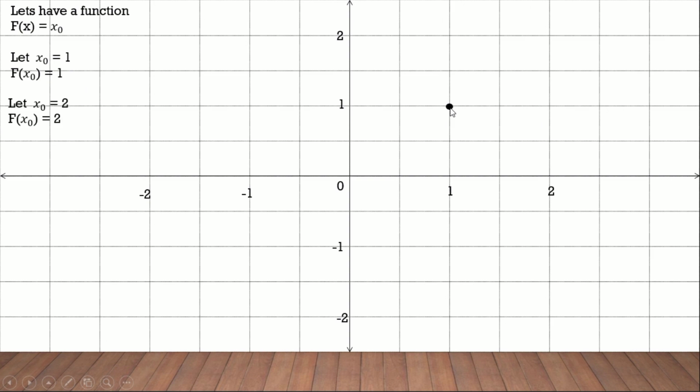And let's just say we plug in 2, where x naught is equal to 2. I think this is going to be x1, supposed to be x1, sorry. But you get the idea. And we're going to have that point there. And if x2 is equal to negative 1, f of x2 is also going to be negative 1 as well.